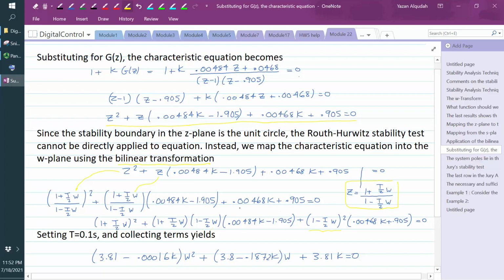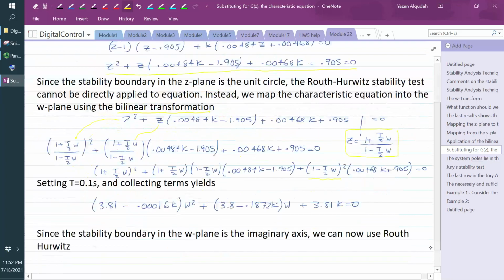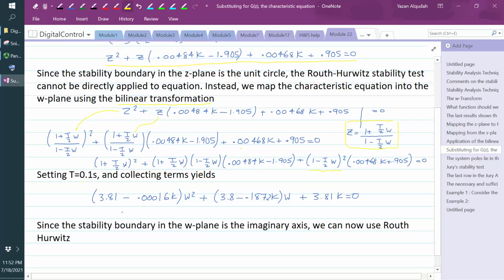That multiplies this constant term here. Now I can set t equal to 0.1. I'm going to get this polynomial, that is the characteristic equation in the w plane. Now I can use Routh-Hurwitz to determine stability for it.